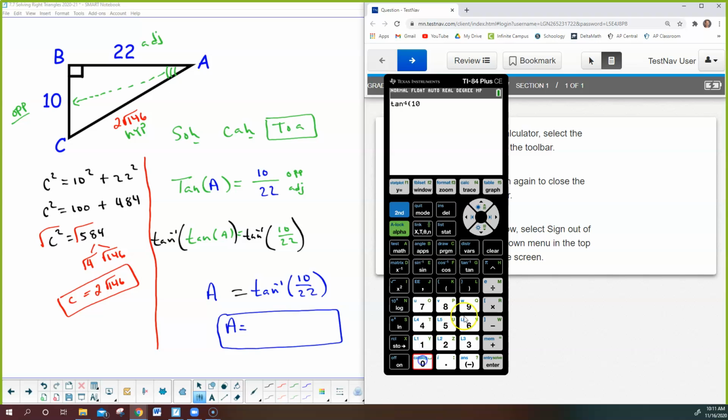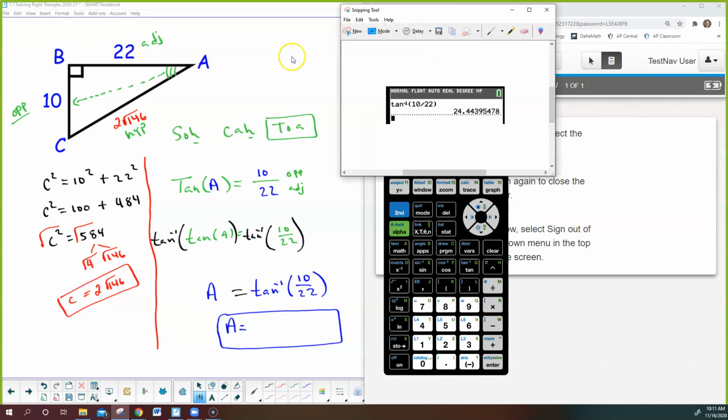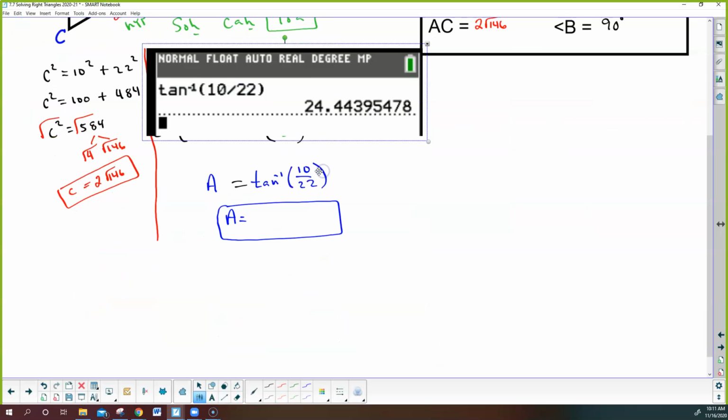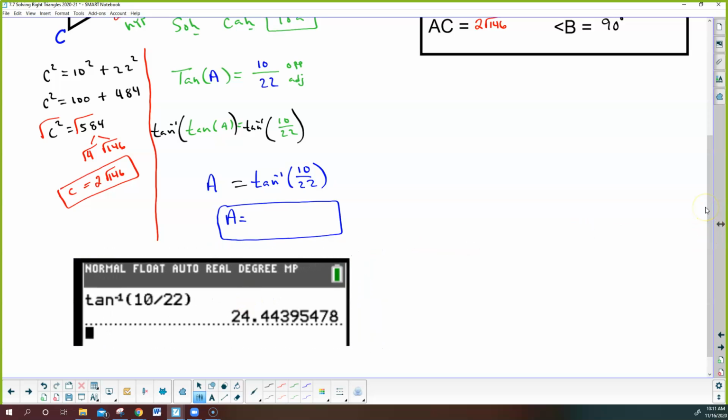And then you're just going to type in 10 divided by 22, finish the parentheses, and hit enter. And there it is. That is the measure of the angle. And that's how quick it is to do this in our calculator.